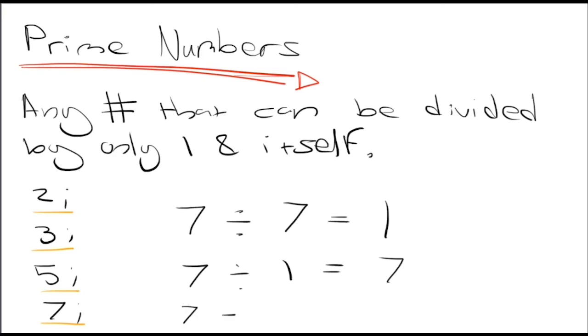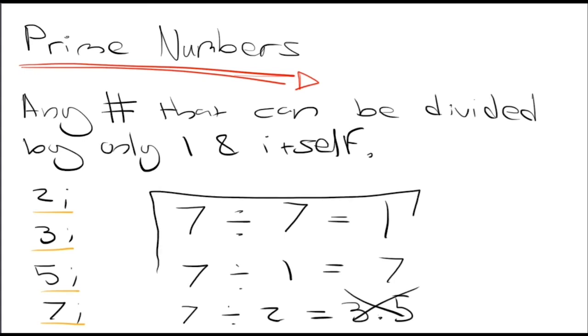So let's look, maybe 7 divided by 2? No, you can't, because 7 divided by 2 is 3.5, which is not a natural number. So it's not perfectly divided. We've got a decimal point over there. And so we know that 7 is a prime number because it cannot be divided by anything else but 1 and itself.